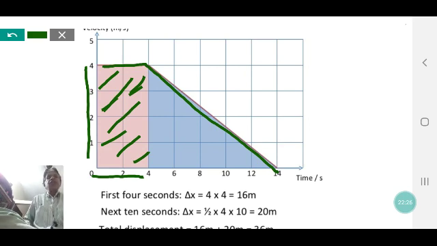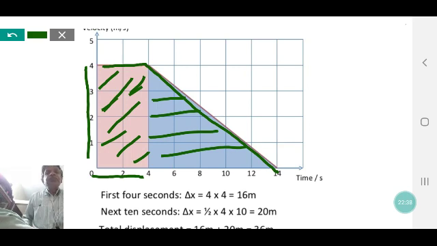Now, from 4 to 14 seconds, the displacement covered by the object is represented by the area of the triangle. The time for this part is 10 seconds, from 4 to 14.